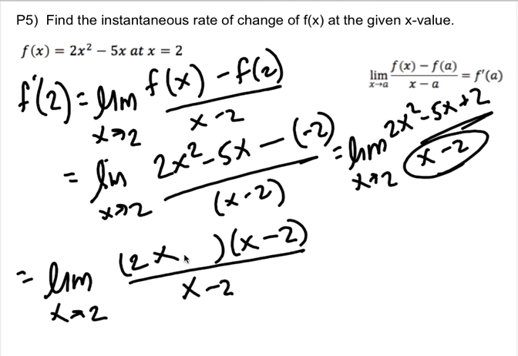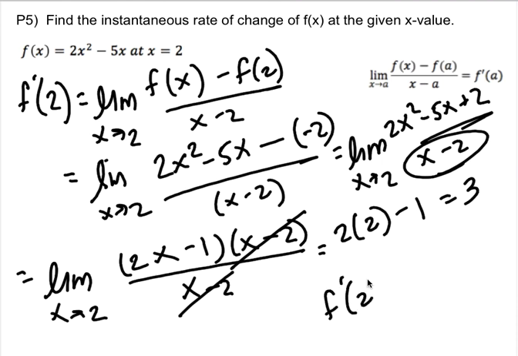Sure enough, that totally fits, because if I put a 1 here, when I FOIL to check, I get 2x squared, outer is negative 4x, inner is negative 1x. That's my negative 5x, and my last is plus 2. These guys cancel, and when I plug in, I get 2 times 2 minus 1, which means my answer is 3. So my instantaneous rate of change in this problem, f prime of 2, is 3.